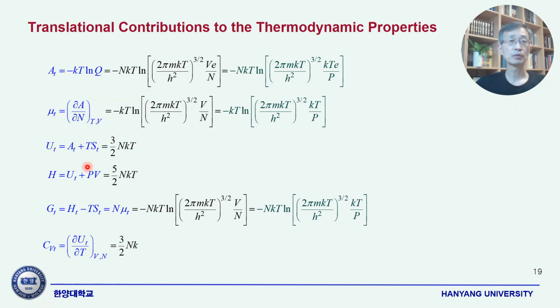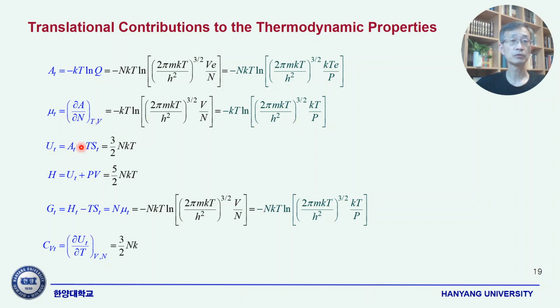Okay, so there are some more. Once we have these, we obtain T, S and P, and of course we can take the derivative of A with respect to N. We obtain the chemical potential for the natural variables T and V, which is on here.